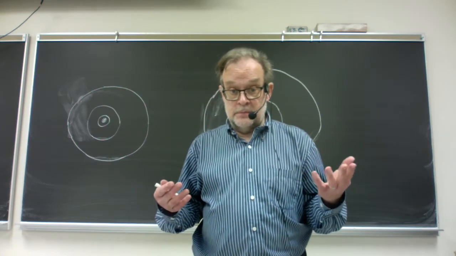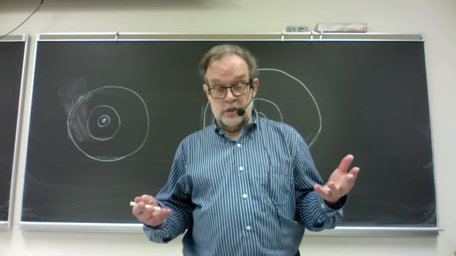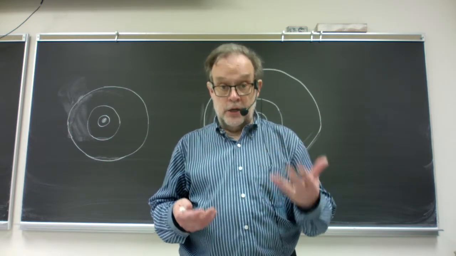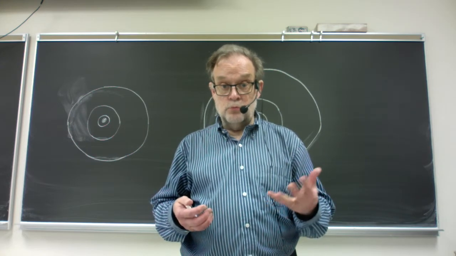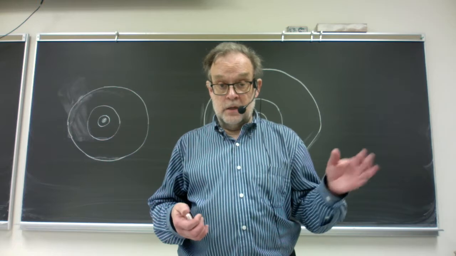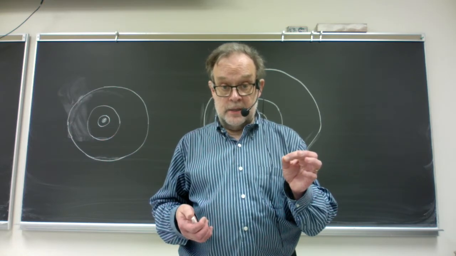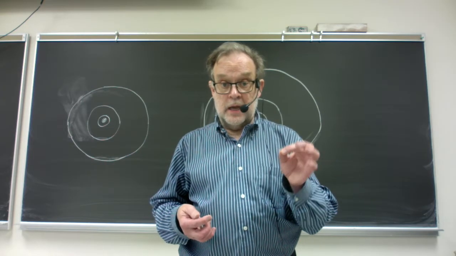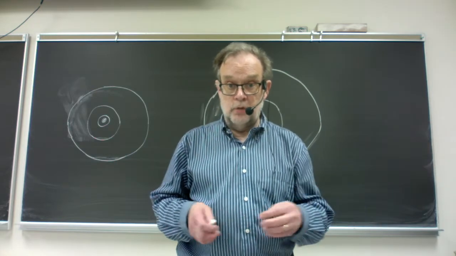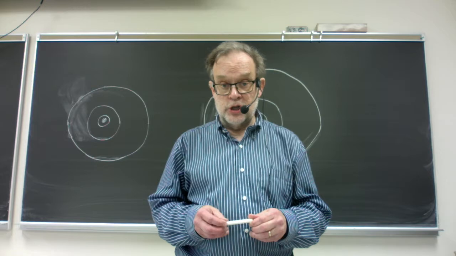In magnetism, it's a moving charge or current that creates the field, and then another moving charge or current comes into that neighborhood and feels the magnetic field created by the original current or moving charge.